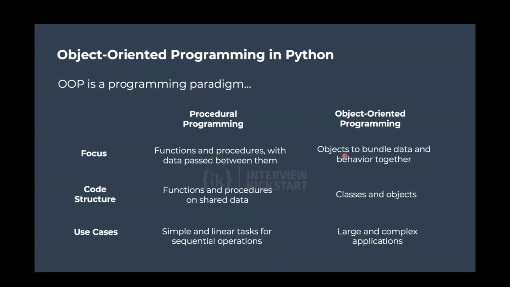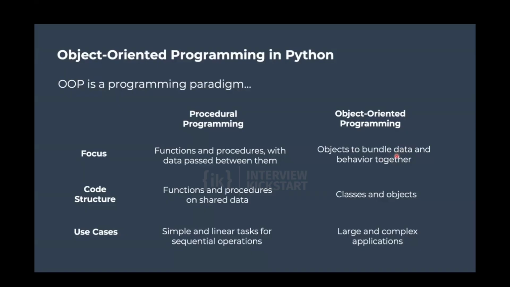So how can we compare object-oriented programming to procedural programming? Unlike procedural programming, object-oriented programming is about objects that bundle data and the behavior of that data together. We're going to write a class that bundles some attributes and some methods in one place, packed. Then you can create objects from that class, which inherit all that data at once.